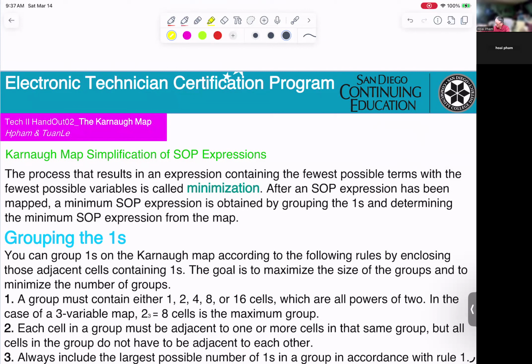Okay, so basically they're telling you, okay, the first group you can get this guy. Okay, the next one you can use this guy. And this only one. Okay, and now on the second one, okay, you can group this one. Okay, and you can group this one and this one. And the last one here.